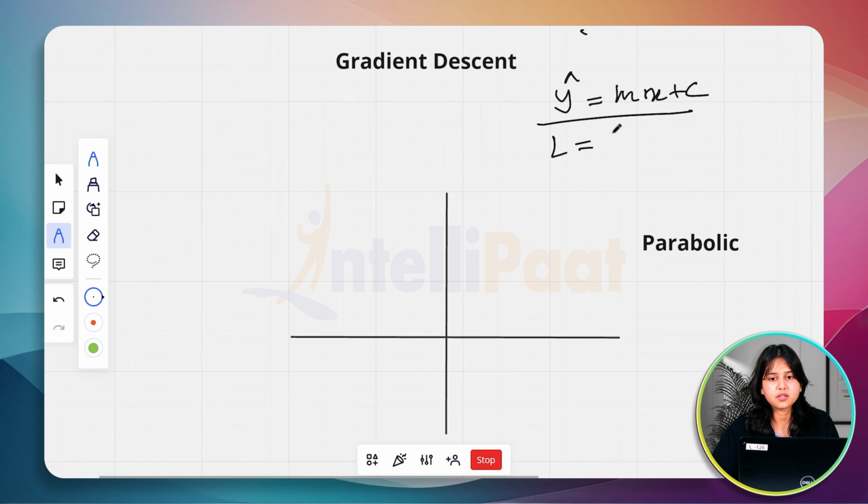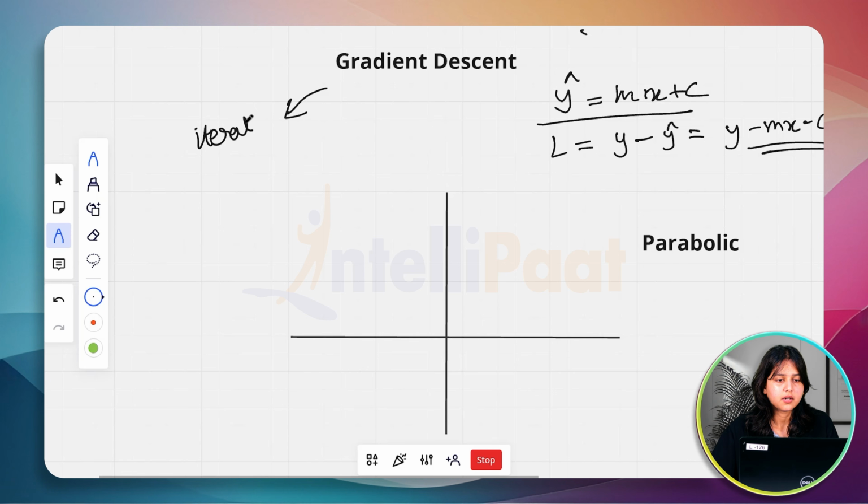So our loss is basically going to be y minus y hat, which is nothing but y minus mx minus c, right? So we can say gradient descent is an iterative approach to finding the optimized value for our weights and biases, right?